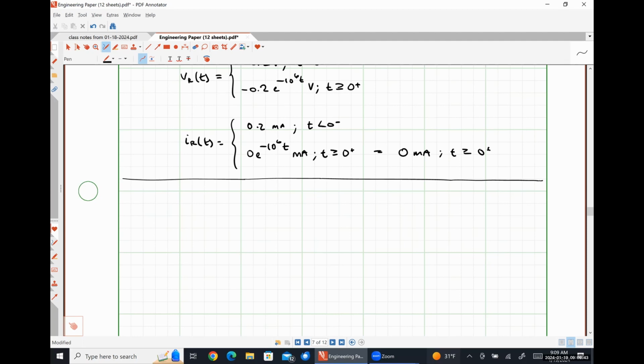All right, so let's consider that we have a system that looks something like this. We have some DC voltage source Vs connected to a switch. And our switch is going to open at t is equal to 0.